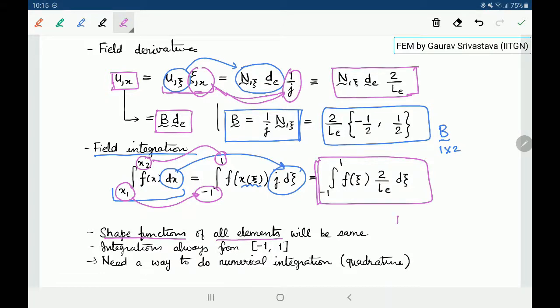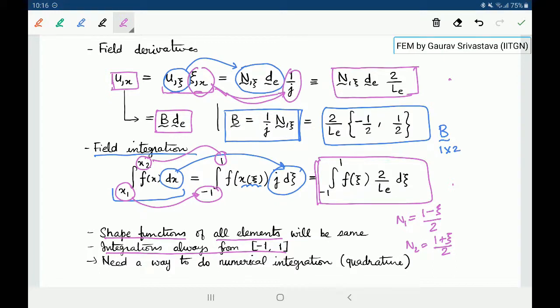So the shape functions n1 equal to 1 minus psi by 2 and n2 equal to 1 plus psi by 2 will not change from element to element because we have defined a reference element which will not change. The only thing that will change is the mapping, and that mapping properties we have defined earlier using the Jacobian. Another advantage is that integrations will now always be from minus 1 to 1, because this reference element is defined from minus 1 to 1, so the integration limits will not change.